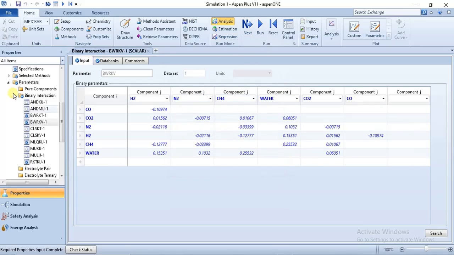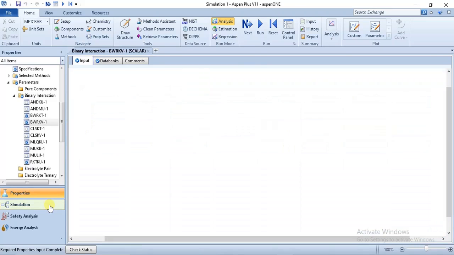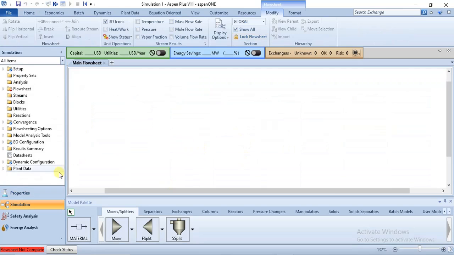Once you have specified the components and the fluid package, and in this case the binary coefficients have been estimated, you can now get into your simulation environment. You click on simulation, and you are here.